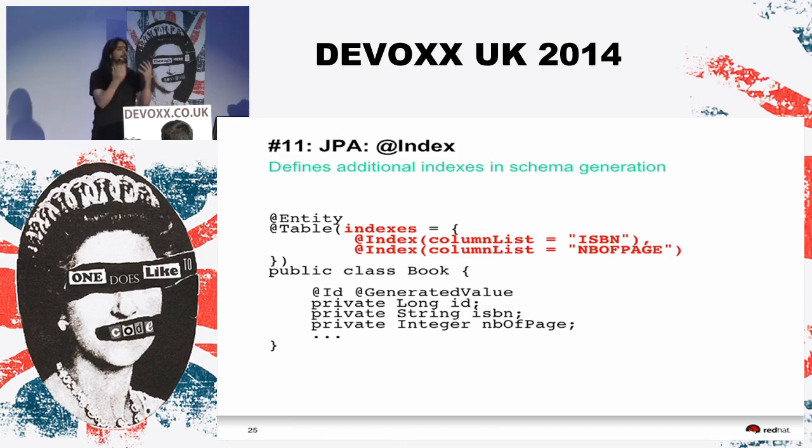When you generate your schema, either using an API or a deployment with the properties, JPA will create your indexes. Something new, not sure that the DBAs will like that a lot, but now as developers we can have an impact on indexes.